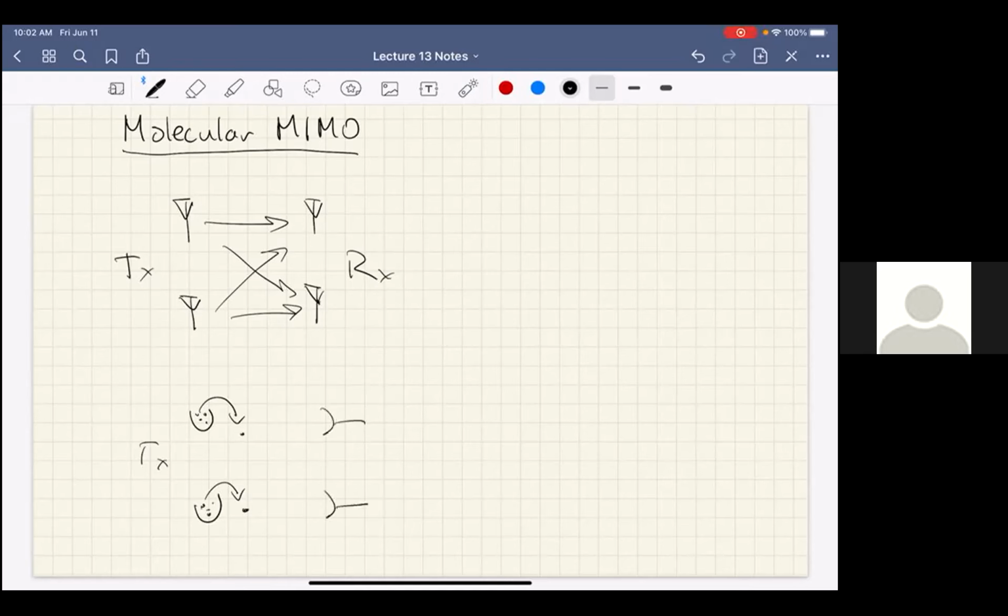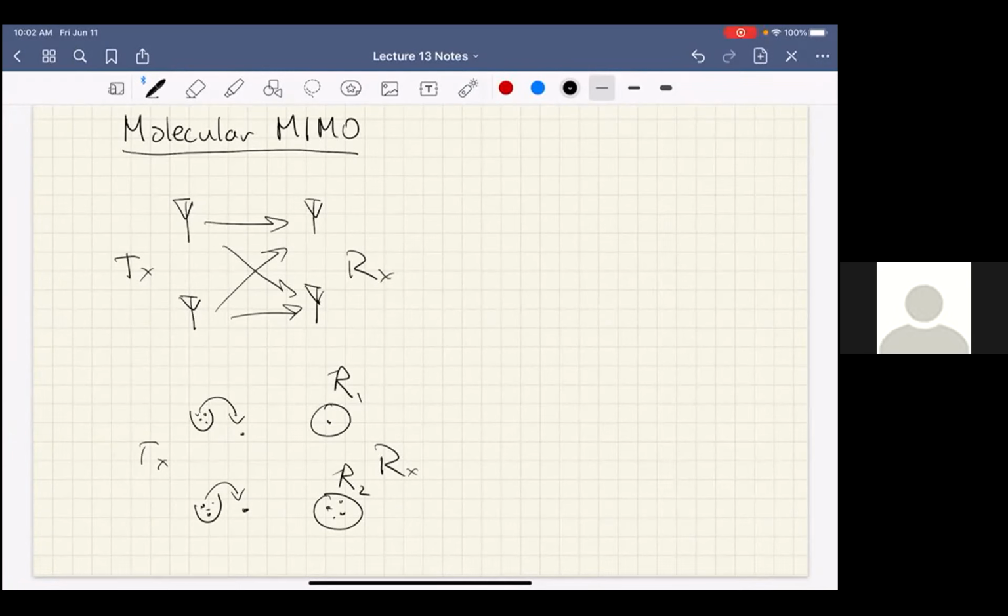And then there would be two different receiver volumes at the receiver end. And these might count the differing number of molecules within their volume.